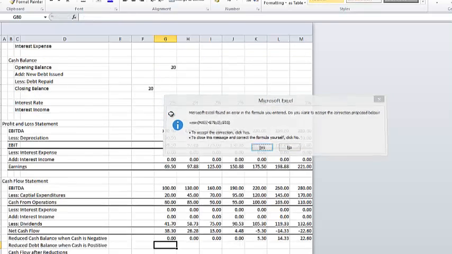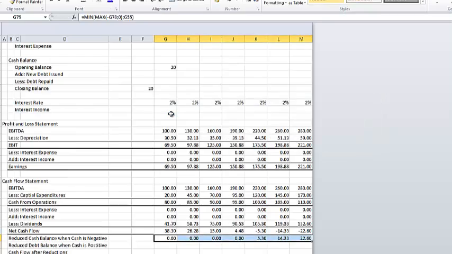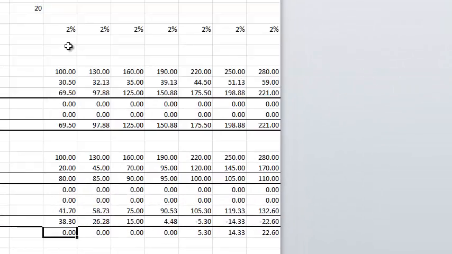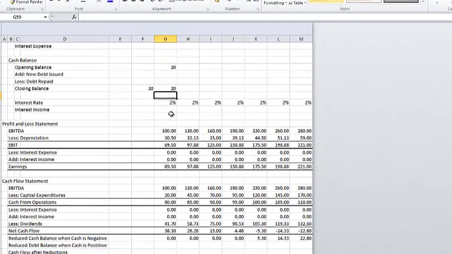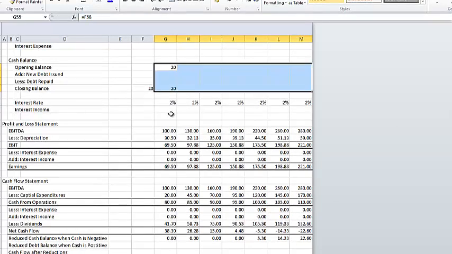For now, we'll make the closing balance the opening balance, plus any new cash we have, minus new debt. It shouldn't say that, let's fix that.